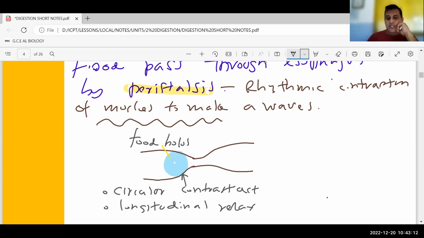Yes, true. Circular contracts, longitudinal relaxes. At this place, circular relaxes, longitudinal contracts.